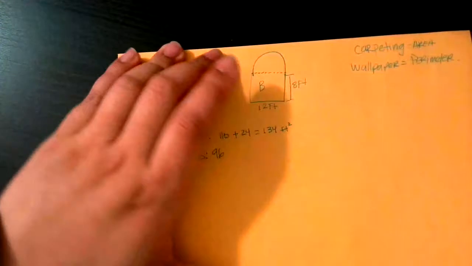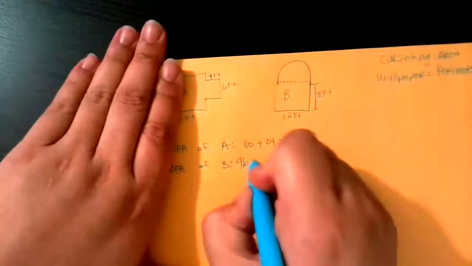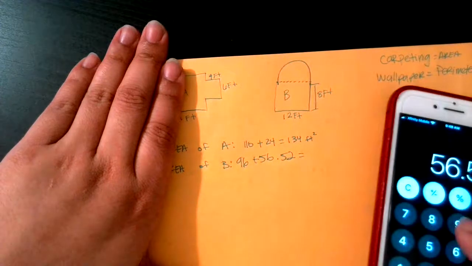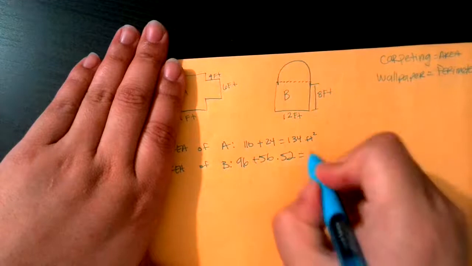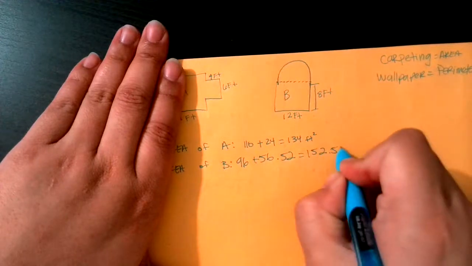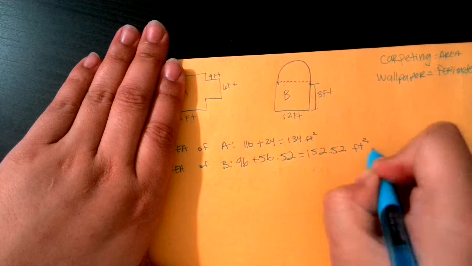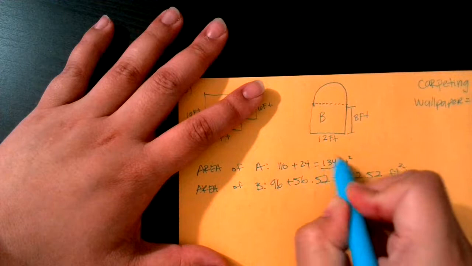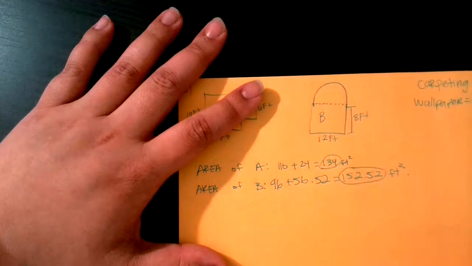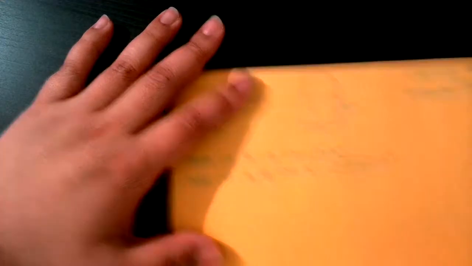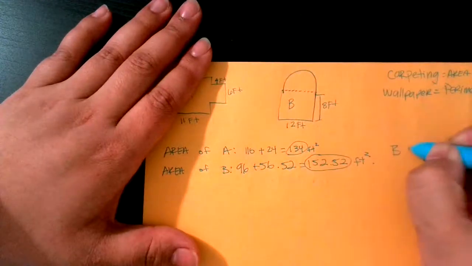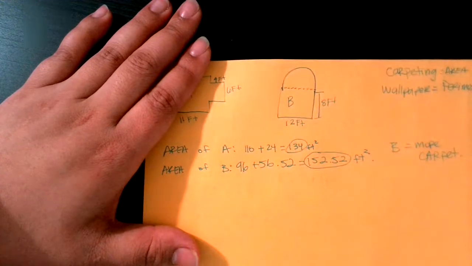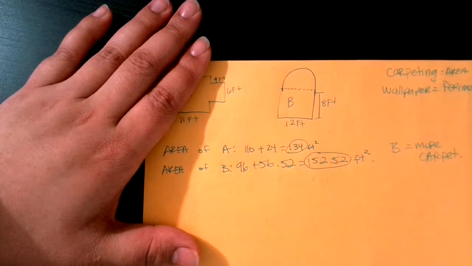So the area of this semicircle is 56.52, and when you add that to the area of the square part, it's 152.52 feet squared. So between room A and room B, which one requires more carpeting? It looks like room B. So B equals more carpet.